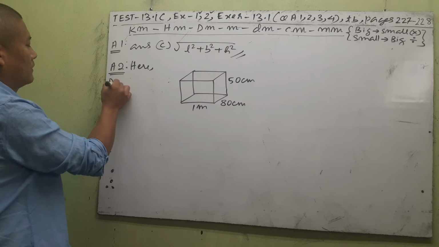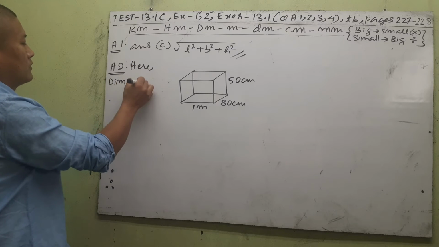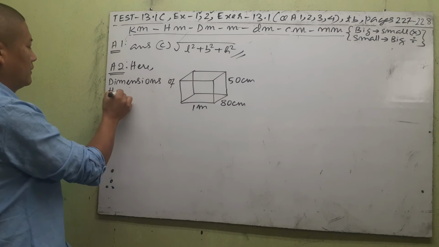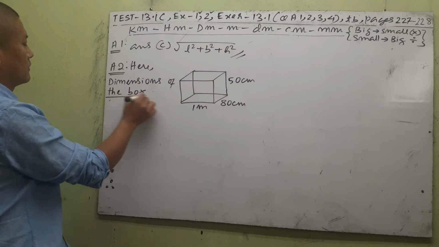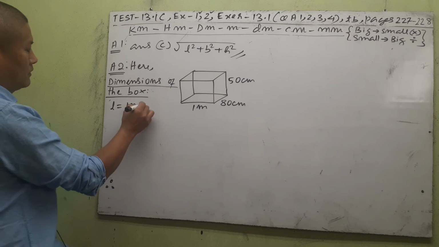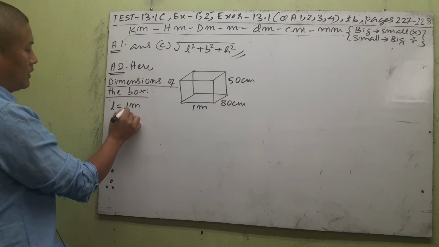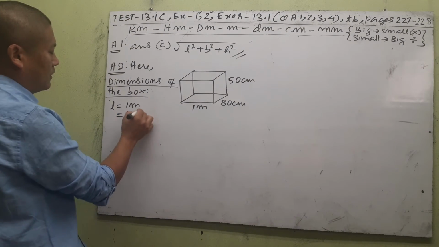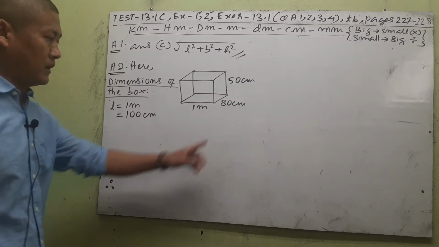Here, the dimensions of the box. L equal to 1 meter, equal to 1 multiplied by 100, which is 100 centimeter, to match up the centimeter.